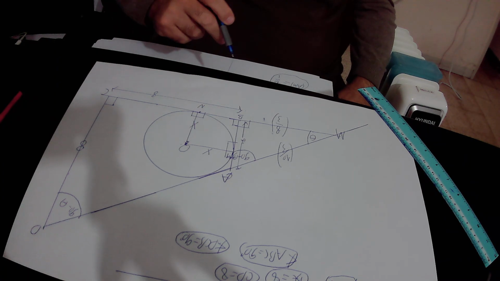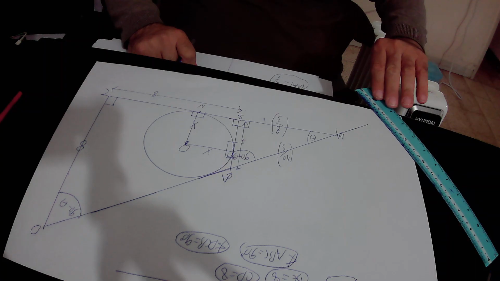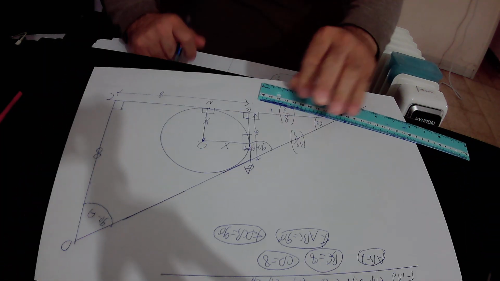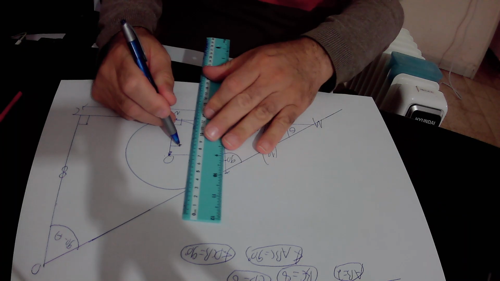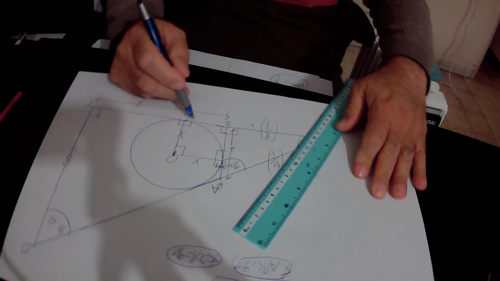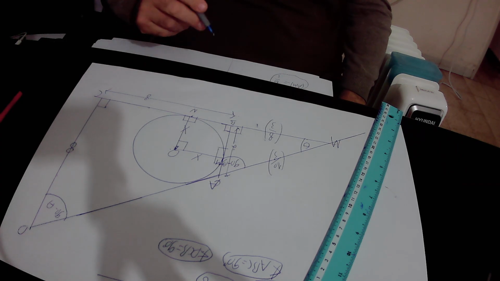In total, the sum of those 4 angles must be equal to 360 degrees according to the rule that the sum of the angles in any quadrilateral is equal to 360 degrees. Therefore, the missing angle here must be equal to 90 degrees. I repeat again, in order to complete the sum of the angles in this quadrilateral to 360 degrees, the missing angle here must be equal to 90 degrees.